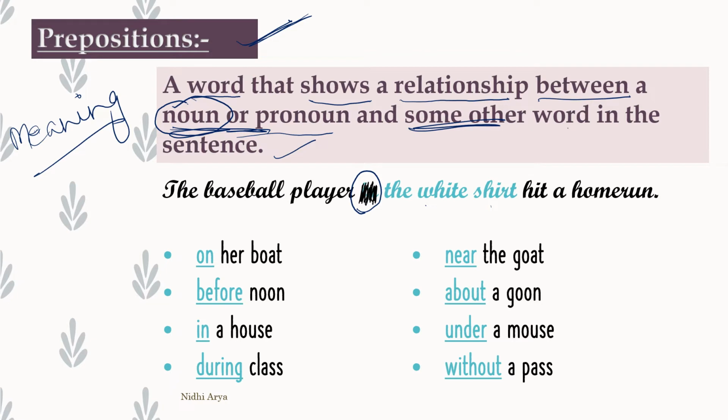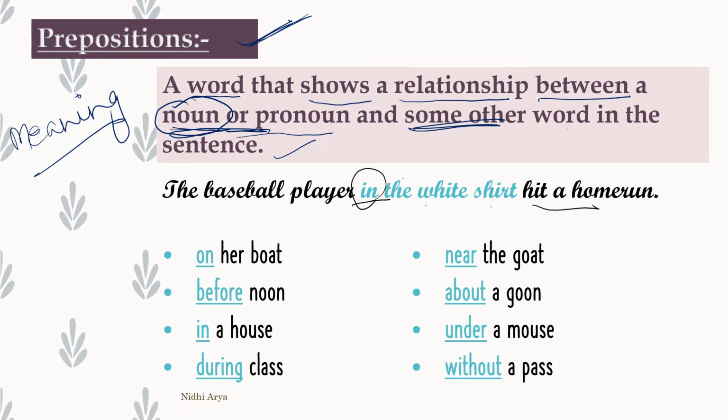To establish the real meaning of the sentence, we have to put these words called prepositions, and that's why here it's written: the baseball player in the white shirt. The baseball player who's wearing the white shirt hits the home run.